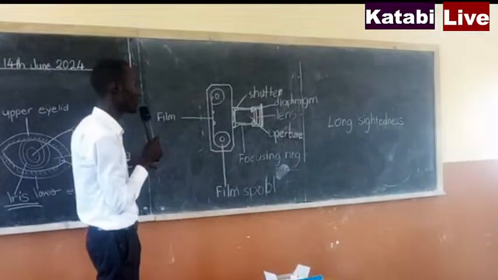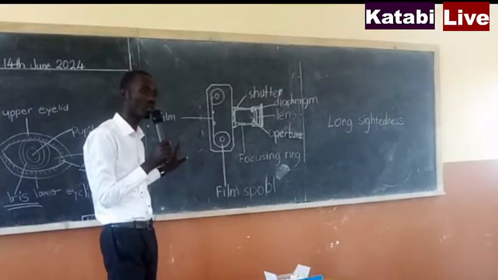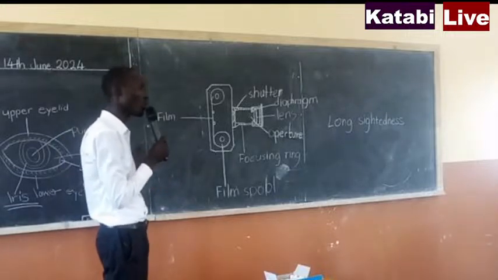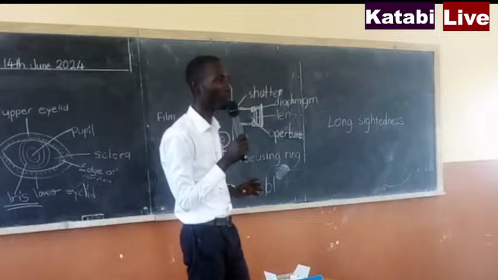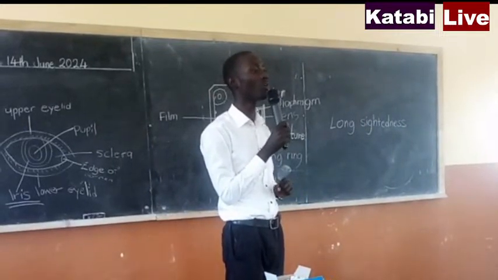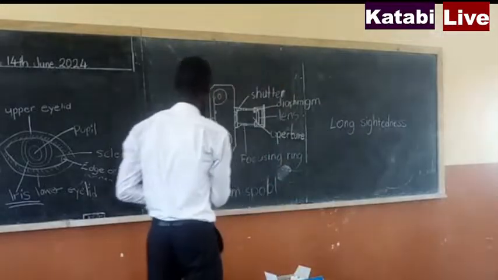To nail down what group 4 have been discussing, there is a word that I want you to define for me before we go to the defects. The word is accommodation. What is accommodation?